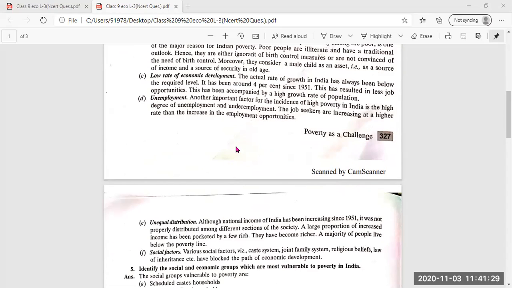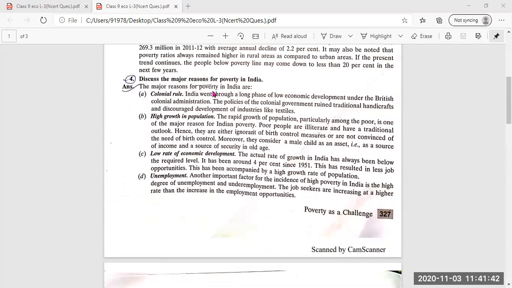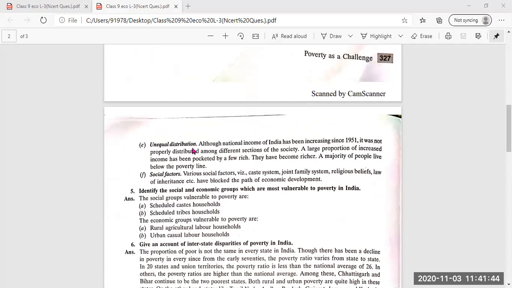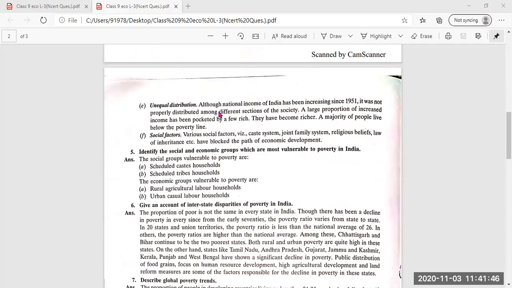That means the employment opportunities are less than the job seekers in the country. That is why unemployment has become a major reason for poverty in India. Next, the fifth one, unequal distribution.